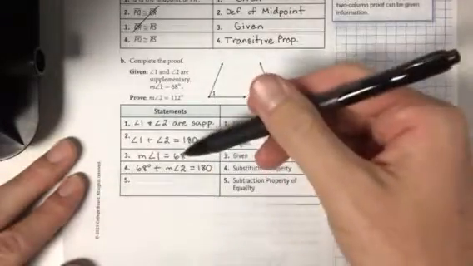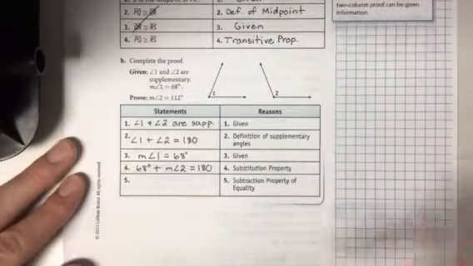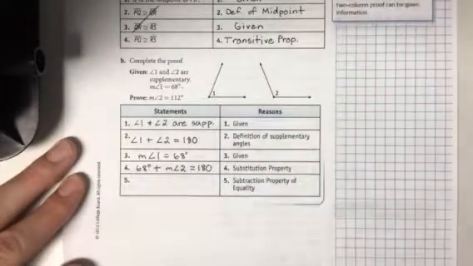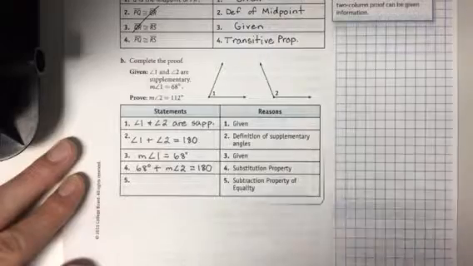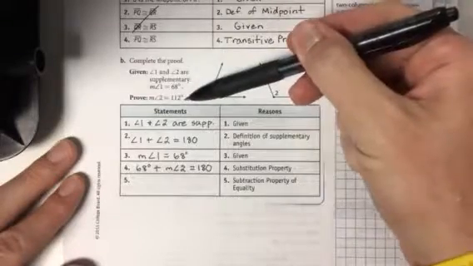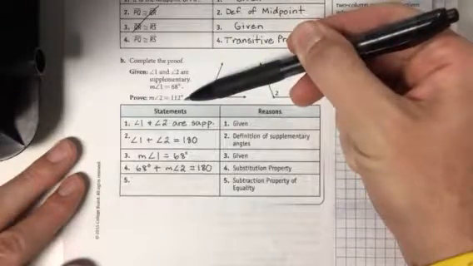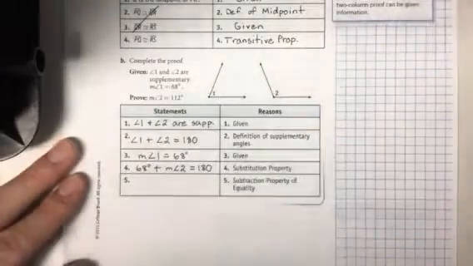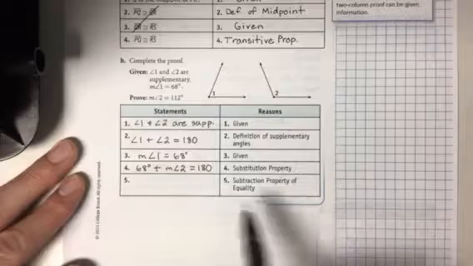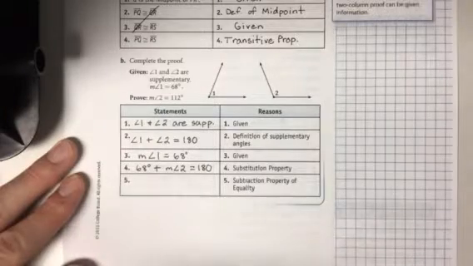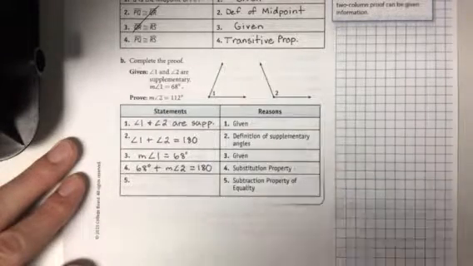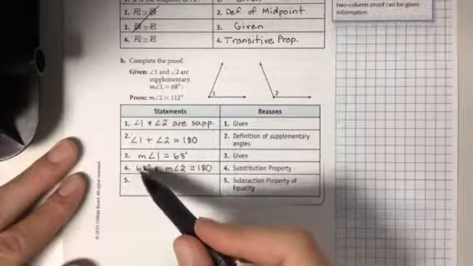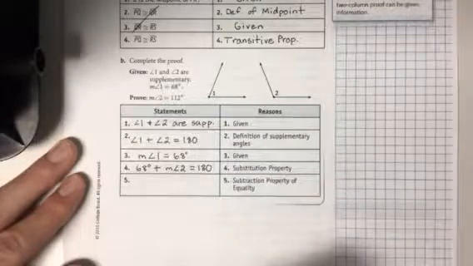That would illustrate the substitution property, and that sets up an equation that we can now solve for angle 2. And that's our goal, right? We want to prove that angle 2 is equal to 112 degrees. So, let's do it. The very last thing we need to do here to solve for angle 2, guys, obviously would be to subtract that 68 over, right?